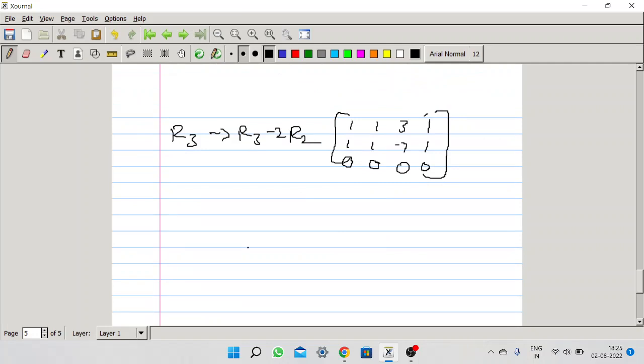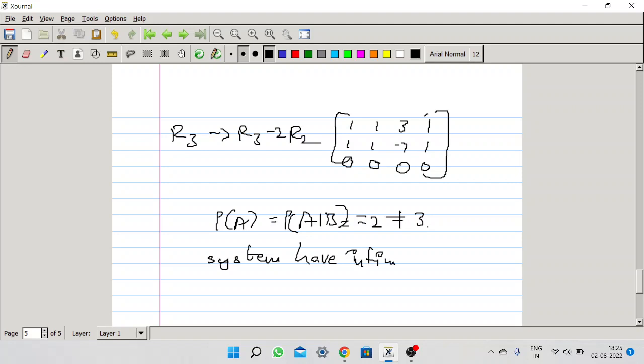So we can say rank of A equal to rank of AB, the augmented matrix, that is equal to 2, that is not equal to the order of the matrix 3. So the system has infinite number of solutions.